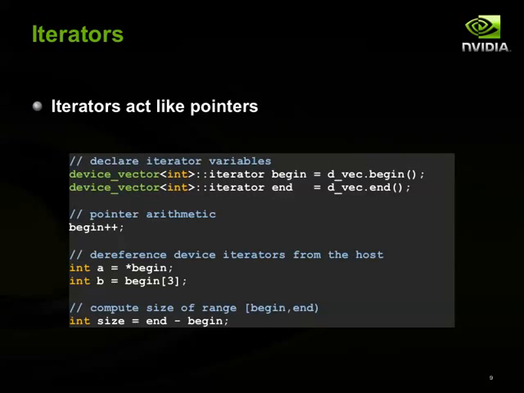Anything you can do with a pointer, you can do with an iterator. So you can increment an iterator. You can dereference it with the star. You can use the bracket operator. You can take the difference of 2 iterators to get the size of a range that they define. So it's very convenient, and you may say, well, why not just use pointers? And I'll explain why we talk about iterators as being something different in a little bit.